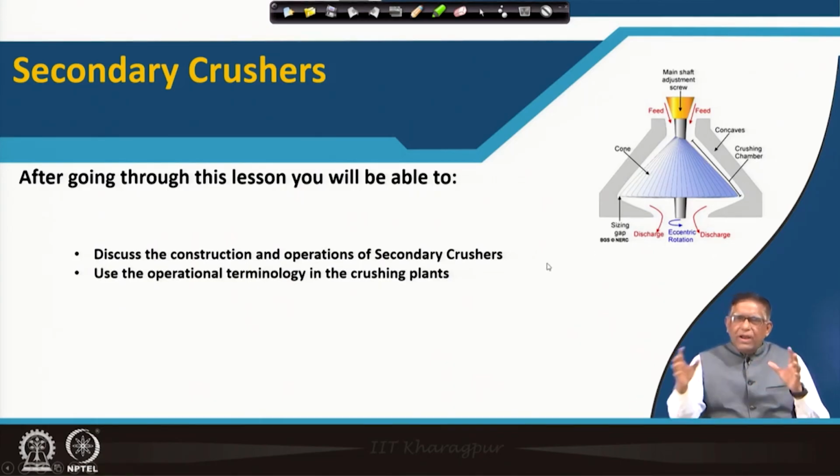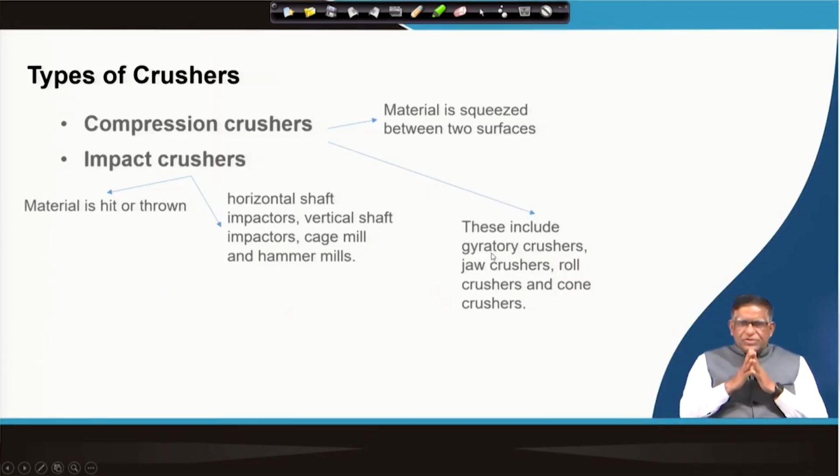In a crushing plant or a beneficiation plant, you come across certain terminology used for describing and managing the system. We will be talking a little bit about that also. Let us go first to the different types of crushers.